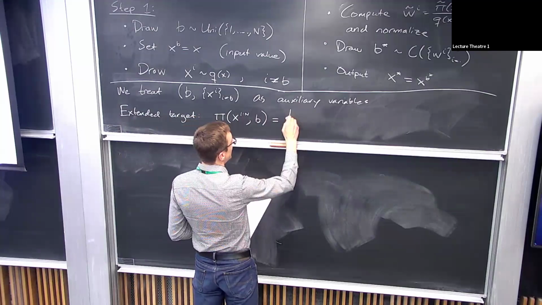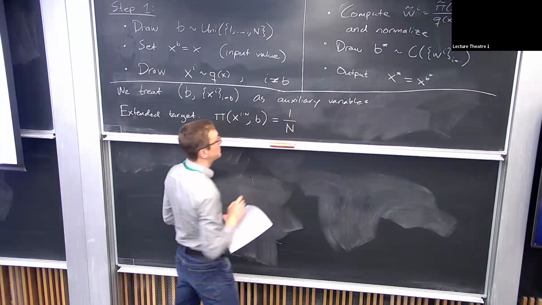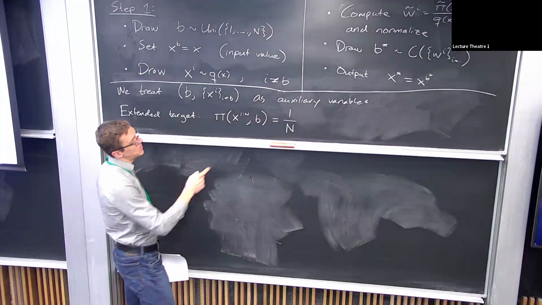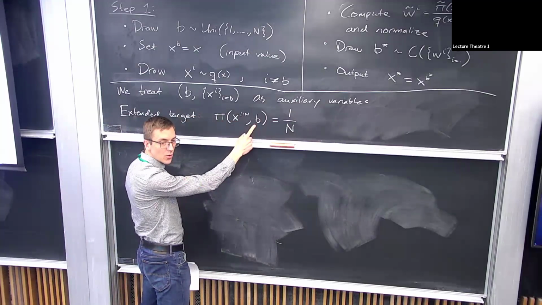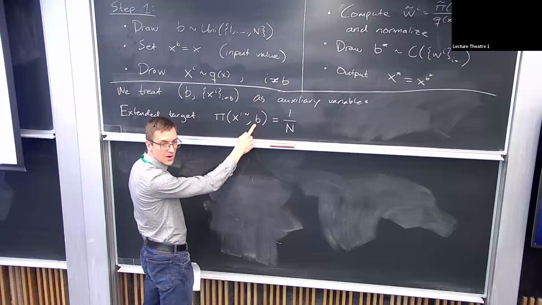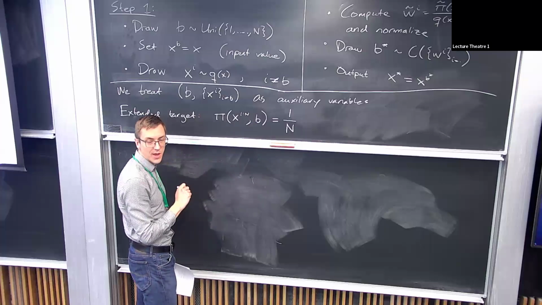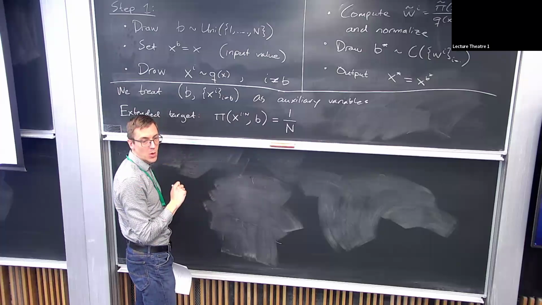So first, I will add factor 1 over n. And this is, you can imagine, the marginal distribution over the B variable here. So this is a categorical variable. And we say this is just uniform over 1 to n as marginal distribution, which is 1 over n.